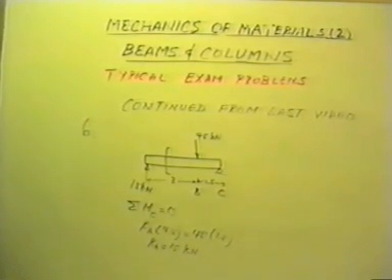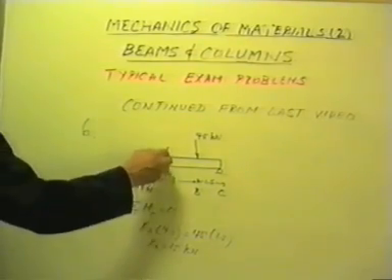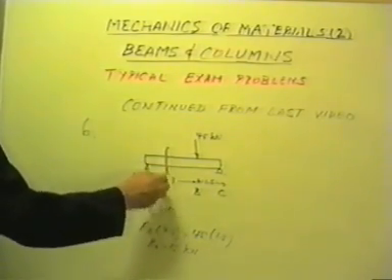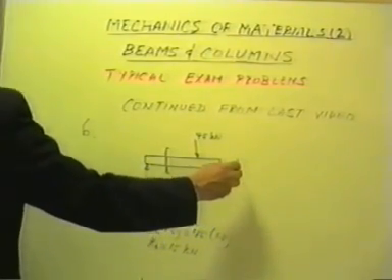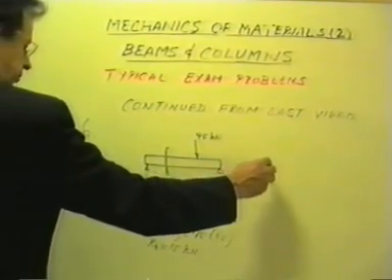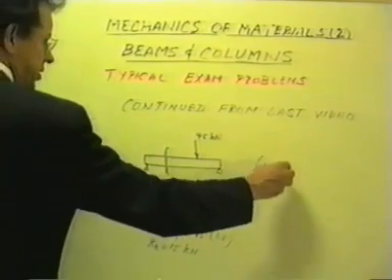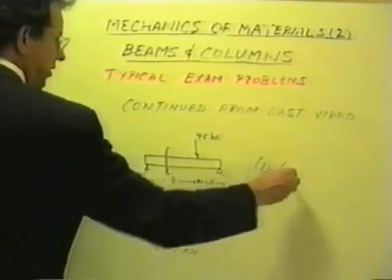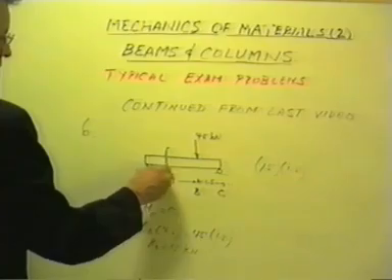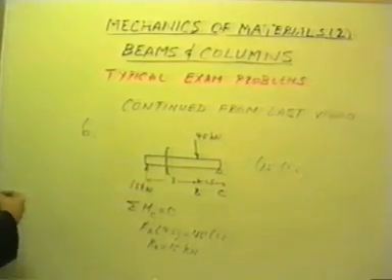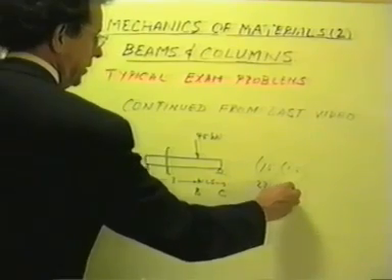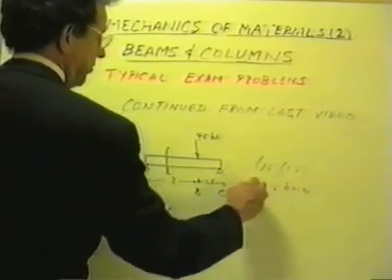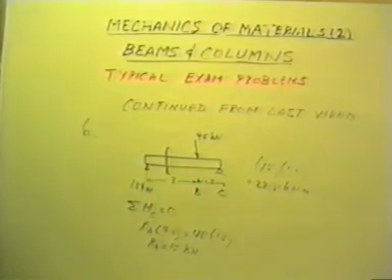So what we end up seeing is that the bending moment at this section DD, which is 1.5 meters over, will be equal to 15 kilonewtons times 1.5, that's going to be the moment arm here, 1.5 meters. That gives us 22.5 kilonewton meters. That would be the bending moment at section DD.